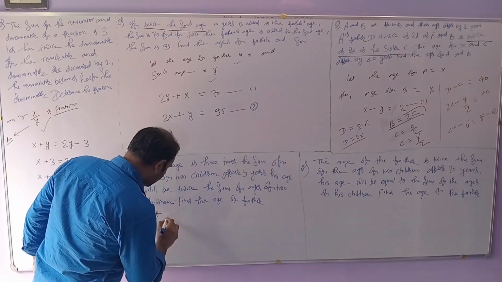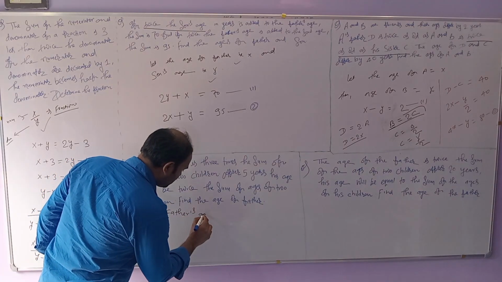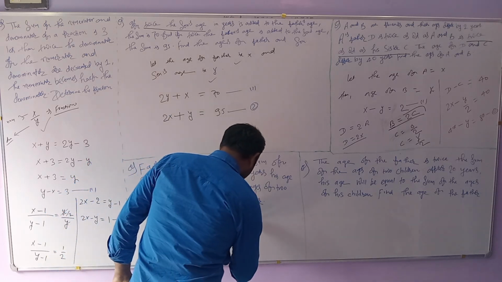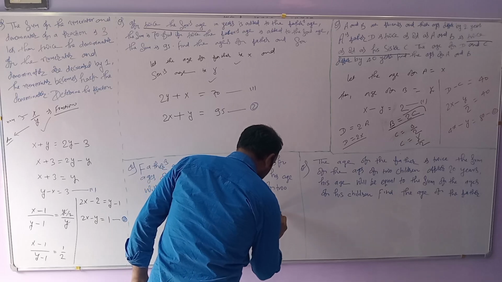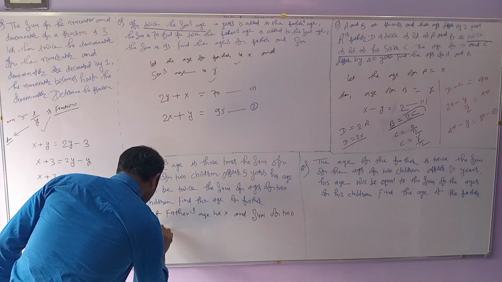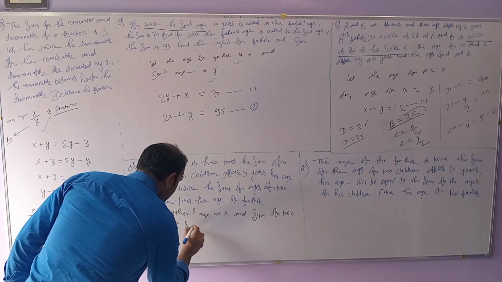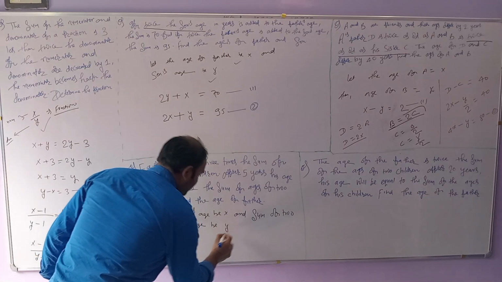Let father's age be x and the sum of ages of the two children be y.